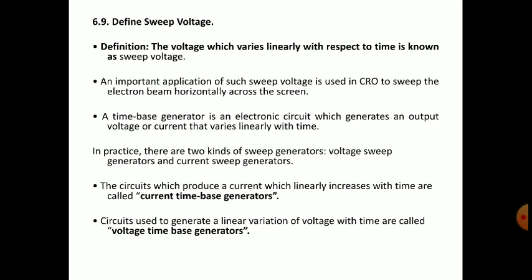In practice, there are two kinds of sweep generators: voltage sweep generators and current sweep generators. The circuits which produce a current which increases linearly with time are called current time-base generators. Circuits used to generate a linear variation of voltage with time are called voltage time-base generators.